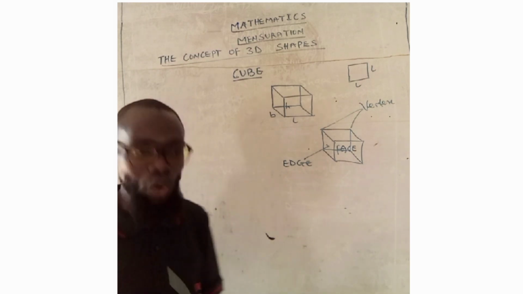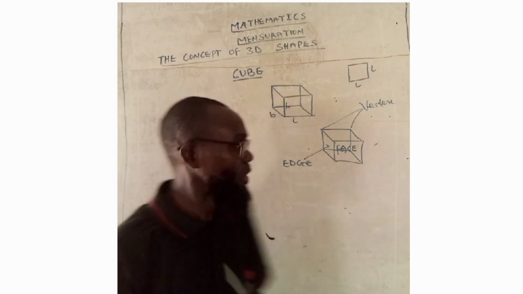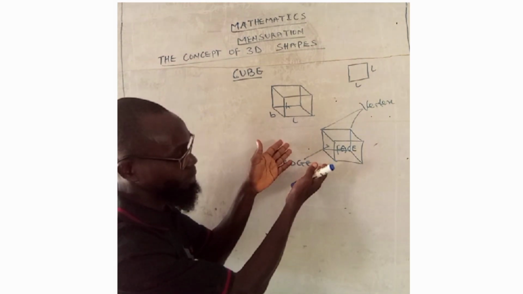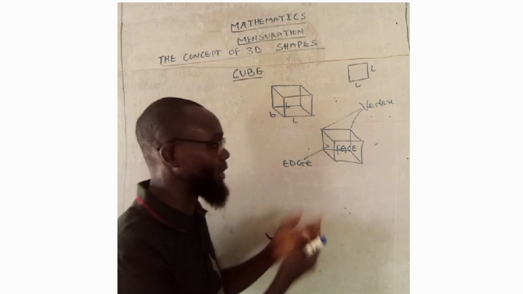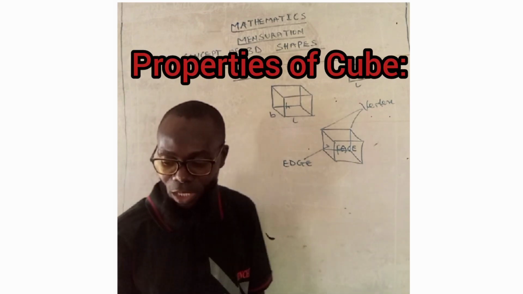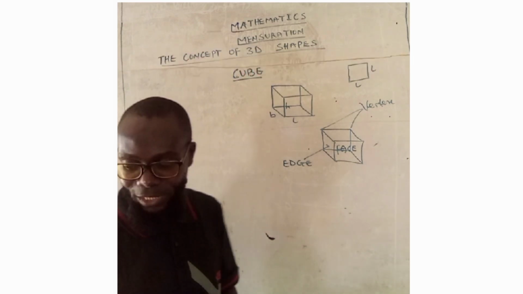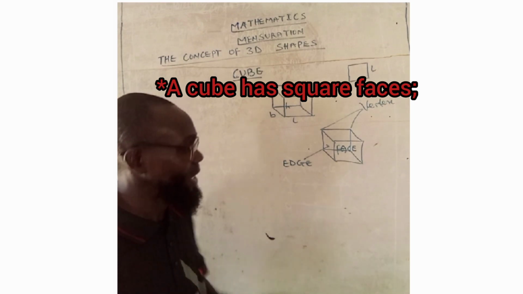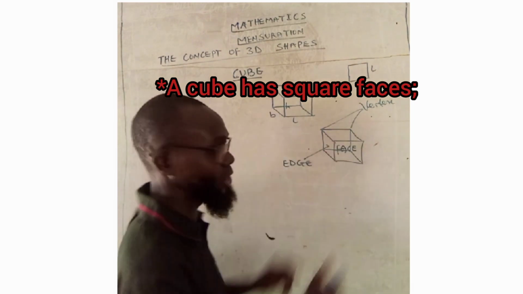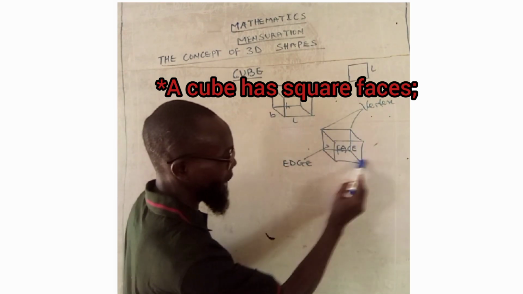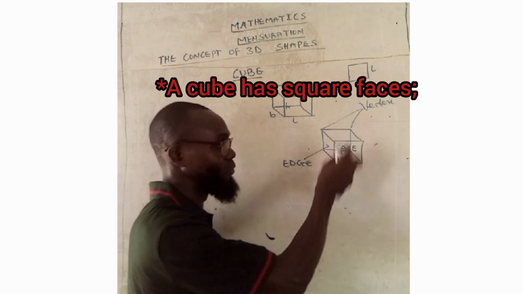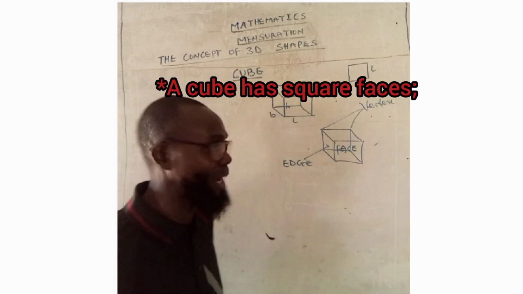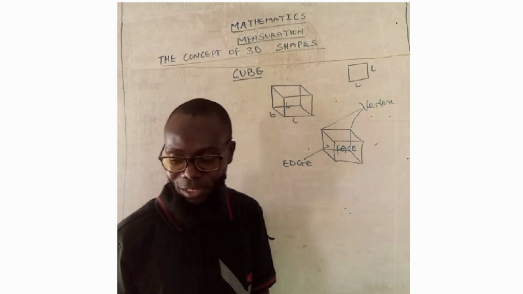Now, what are the properties of a cube? From these particular examples drawn on the board, we can talk about the properties of a cube. One, a cube has its faces in squares. The faces of a cube are squares. When we count all the faces of this cube, everything will amount to 6 faces.